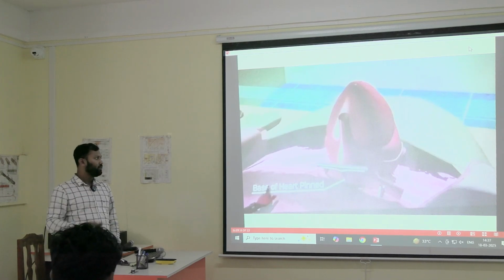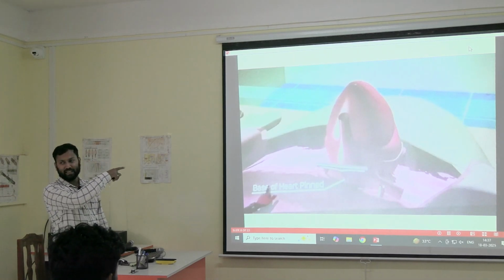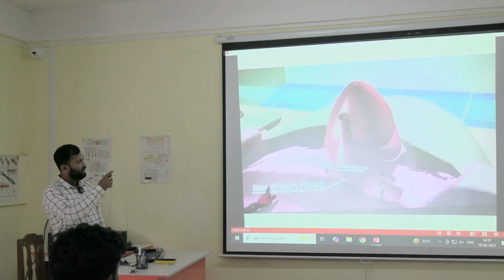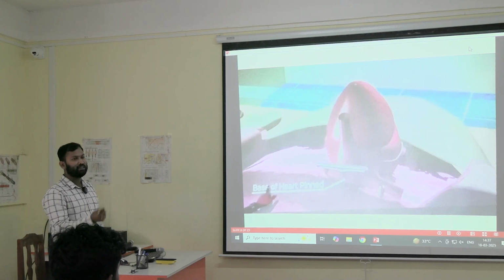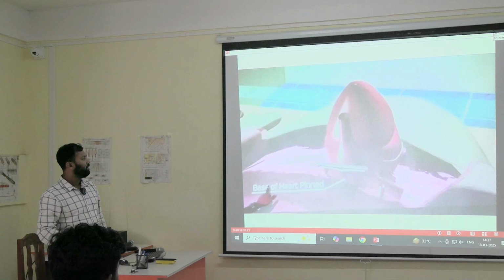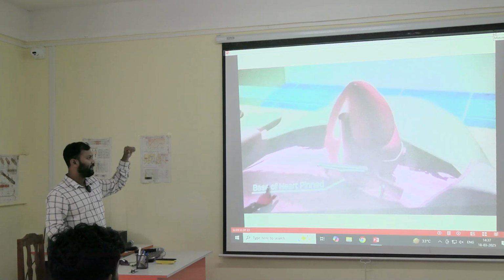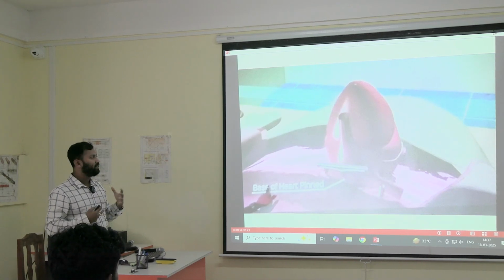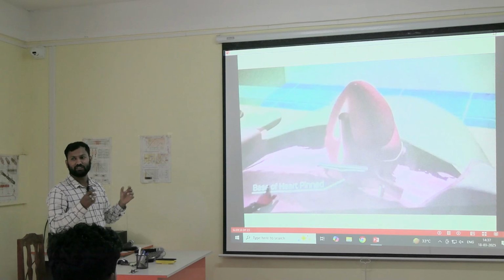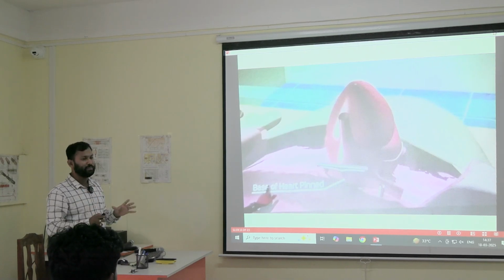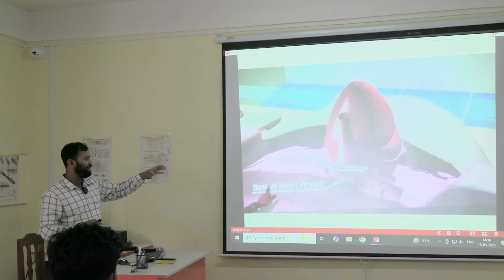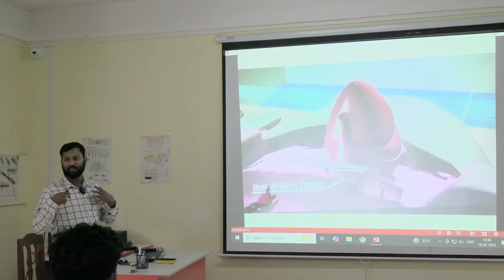After exposing the heart, we will keep the heart in this direction. Means the apex of the heart will be facing upwards. You can shortly see why we are doing this. And at the base of the heart, which is joined to the body, we will pin it. We will use some screws or some pins like this, and we will pin the base of the heart, so that there is no other movement.